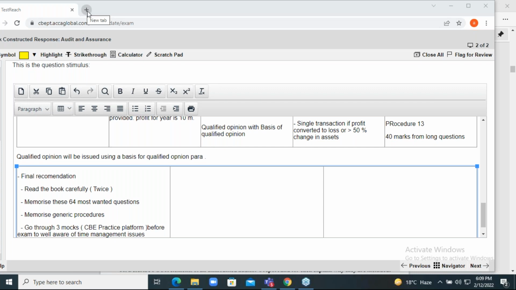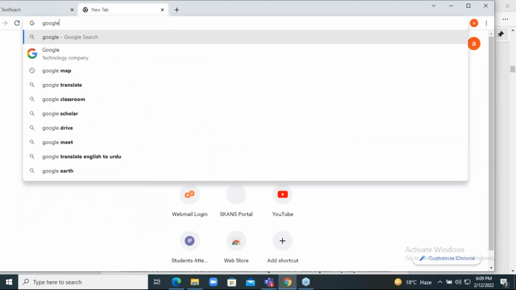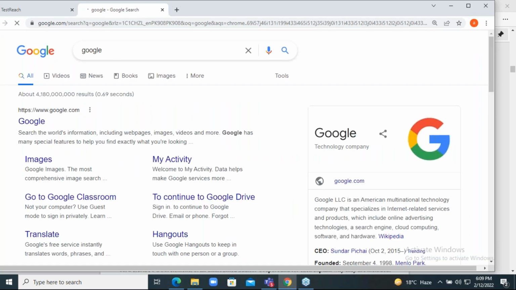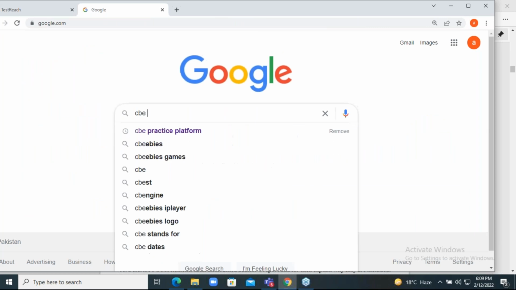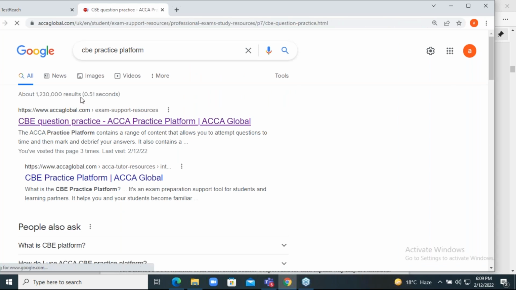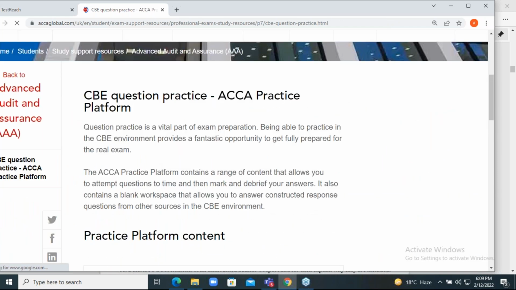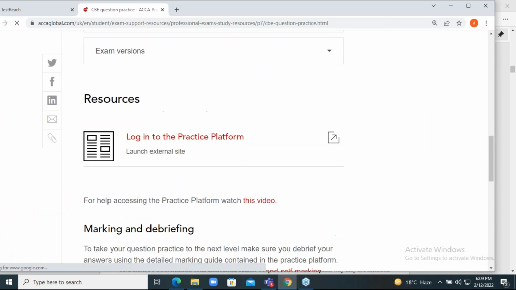So this is important. Now what you will do, you will go to Google and write CBE practice platform. There is the first option, CB question practice. You will click on it, and if you scroll down, you will see this option, login to the practice platform.